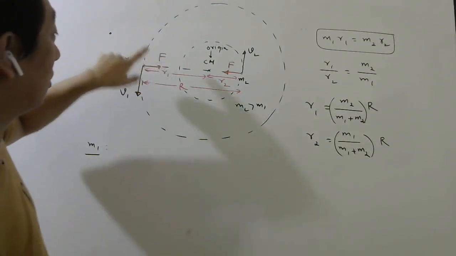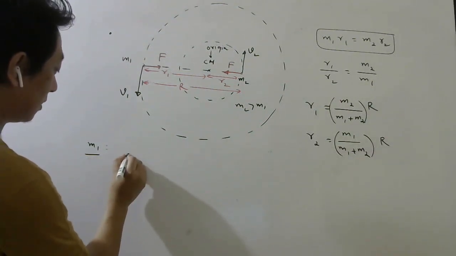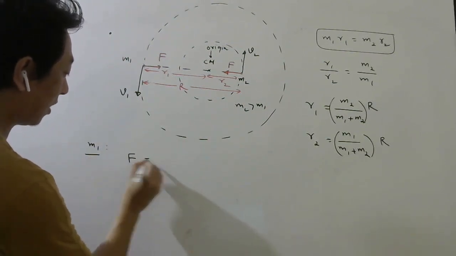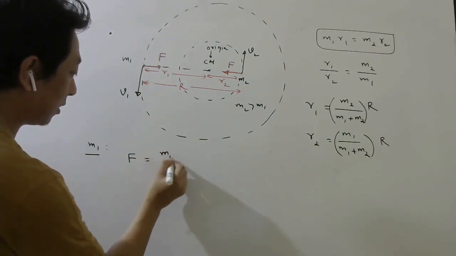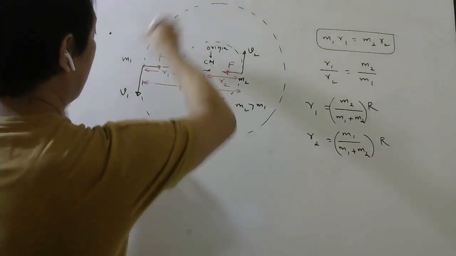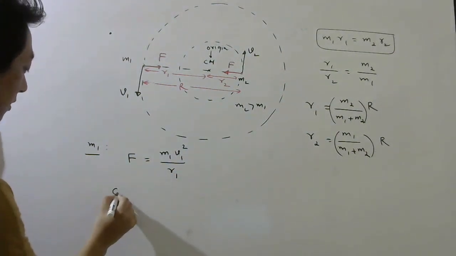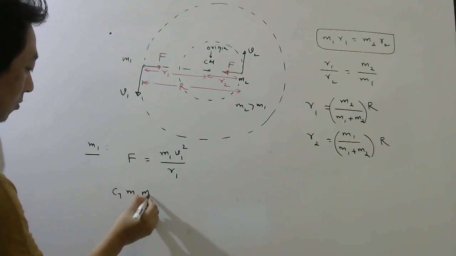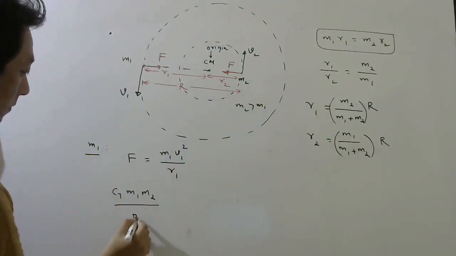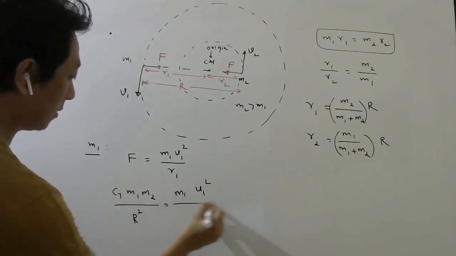So for m1, if I want to know the velocity or the radius, one of them, what should I do? The gravitational force between m1 and m2 will provide the centripetal force for this. So m1 v1 square by the radius, which is R1, equals F. And what is F? G m1 m2 by the distance between them, which is capital R, equals m1 v1 square by R1.